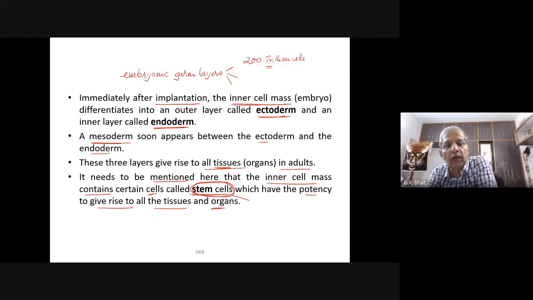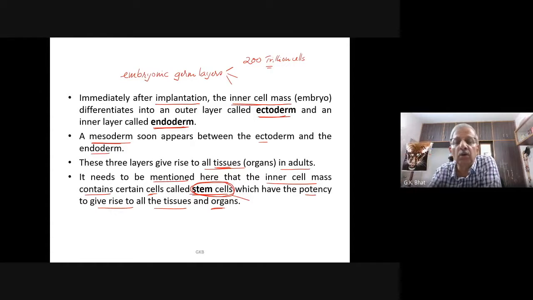In due course of time, when the baby grows into an adult, suppose the person meets with an accident or needs some tissues of the body replaced, these stem cells in the laboratory can be cultured and put in the place where healthy cells are needed.